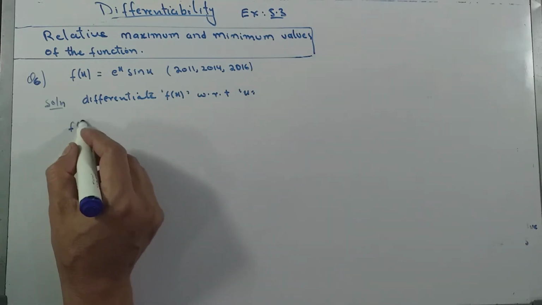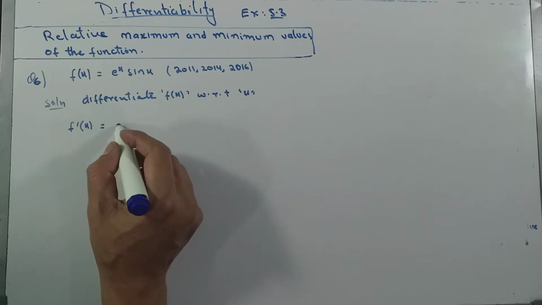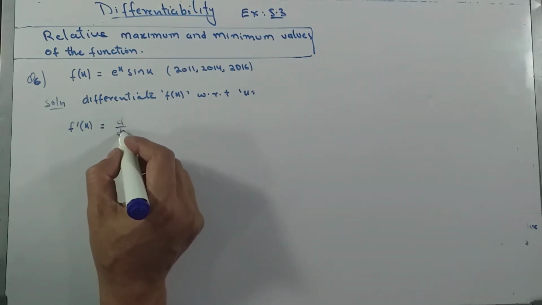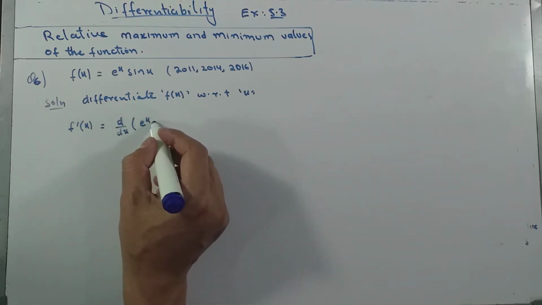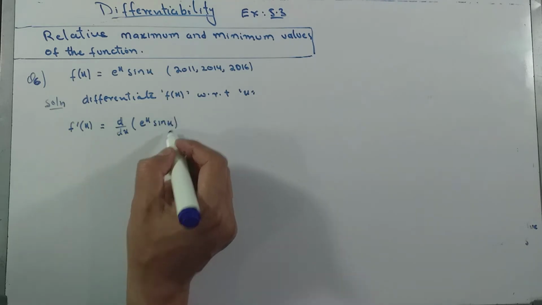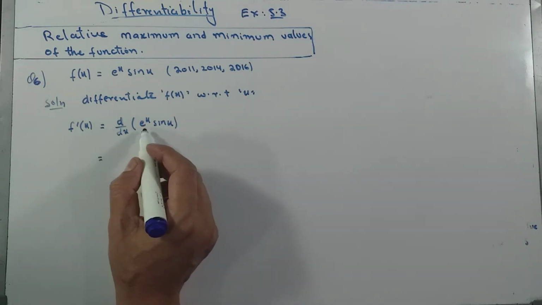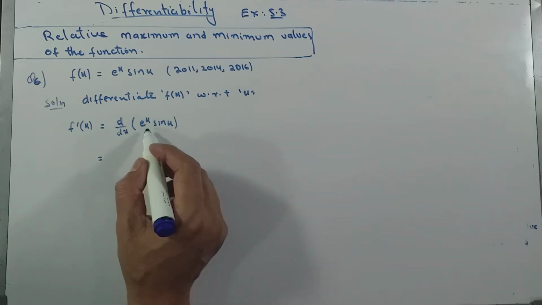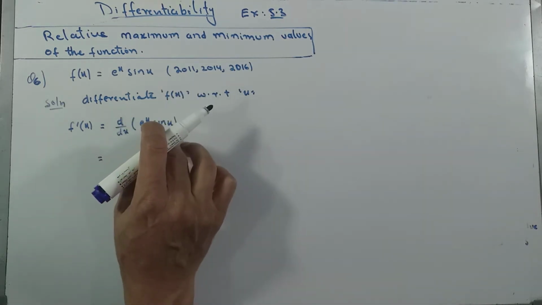So f'(x) is equal to d over dx of e^x sin x. Here we are applying the product rule, because e^x and sin x are multiplying with each other. So we will use the product rule.